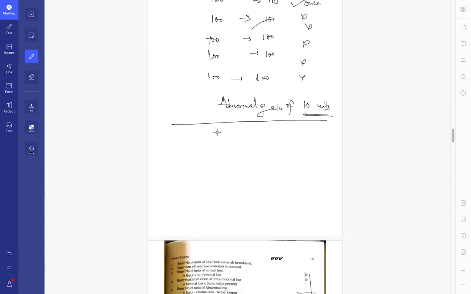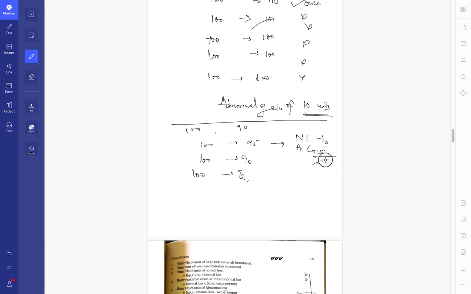Let's say you have standard output of 90, input of 100. Once you put in 100, you got 95. You put in 100, you got 90. You put in 100, you got 92. So at this point you had a normal loss of 10, you had an abnormal gain of 5.